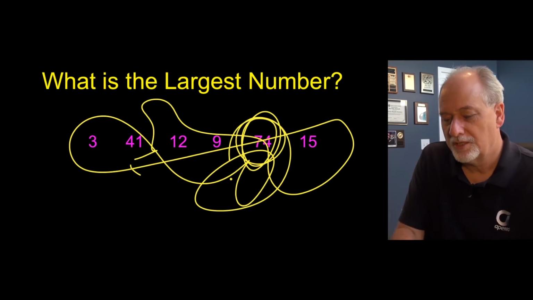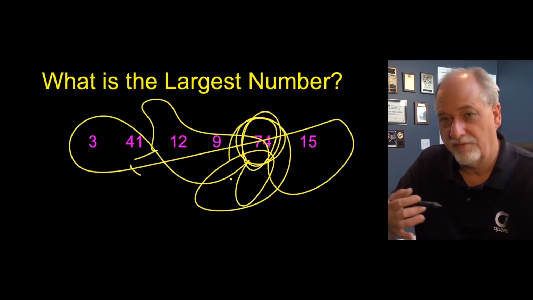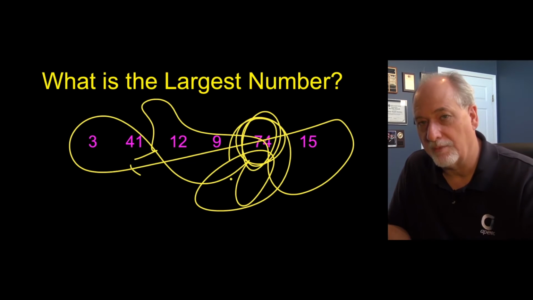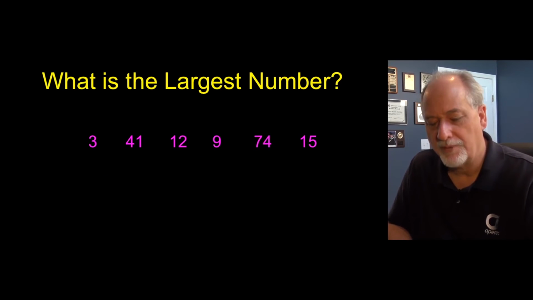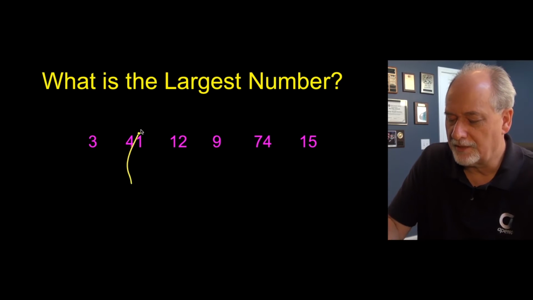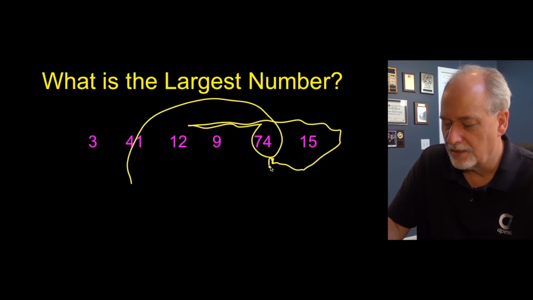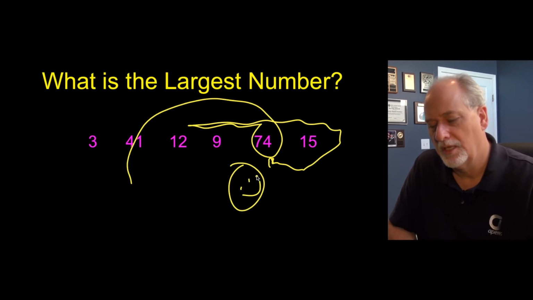Even if there were several hundred numbers on the screen, your mind would move fluidly wherever it felt like moving and then arrive at it. Probably it would move like this, find this, check to make sure that it's okay, and then say, okay, I got 74, I'm done.